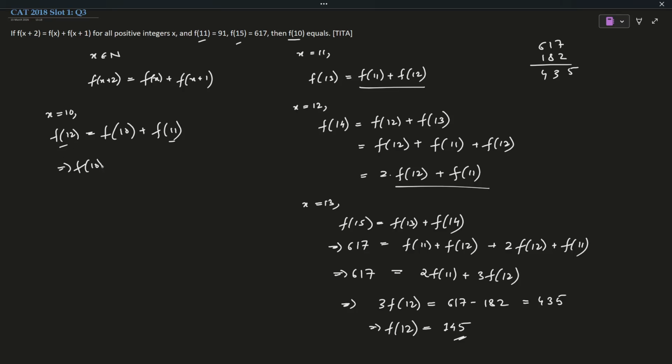So f of 10 will be f of 12, 145, minus 91, which is 54. The correct answer will be 54. Not an easy question; I would say a moderate level question.